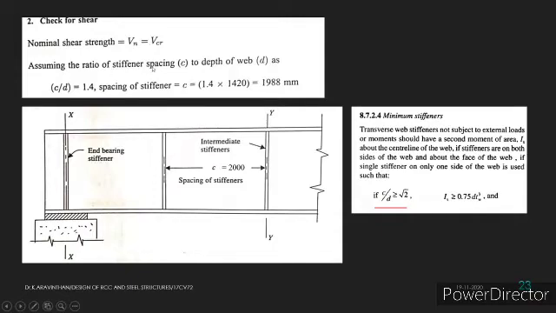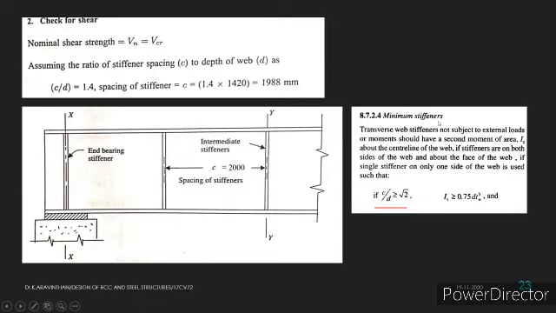Assuming the stiffener spacing C equal to the depth of the web D as 1.4, that is C by D, where C is the spacing distance. For each and every stiffener we are going to follow the same spacing. This is known as intermediate stiffener. So this ratio should be 1.4 as per the guideline here.